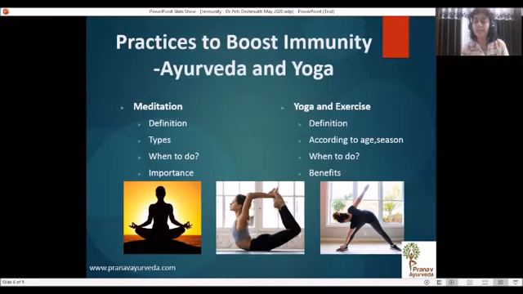Asana means Sthira Sukham Asana, the physical state in which you achieve stability of physique and happiness or a pleasant state is called as asana.